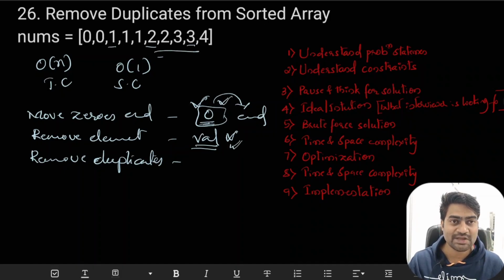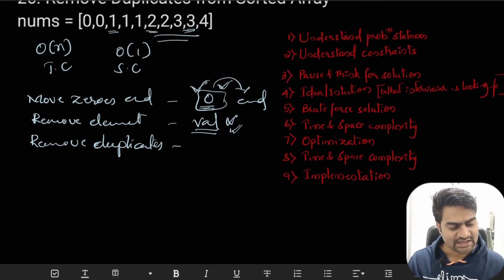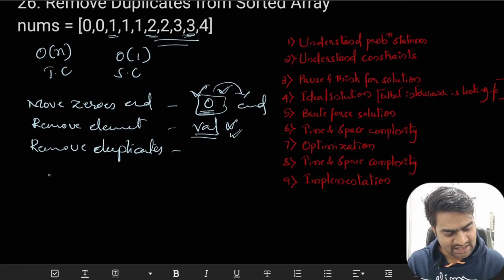But in this problem, the value continuously changes. Once it becomes 1, next time it becomes 2, next time 3, something like that. So that is how the variant is getting changed. This is a good thing to observe in the different problems given on Leetcode.